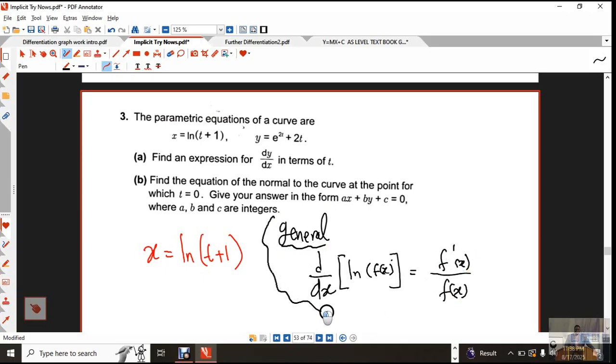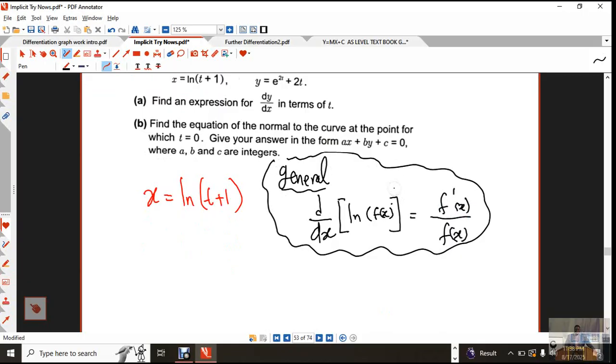Hope you remember the general form, because I'm going to use it here. So this dx dt is going to be 1 over t plus 1, then you multiply that by the derivative of the inside, which is 1.